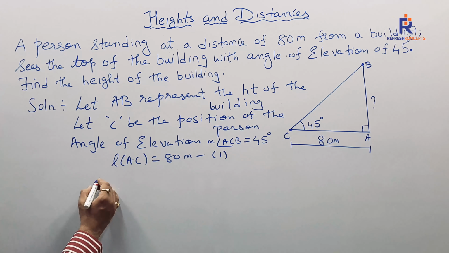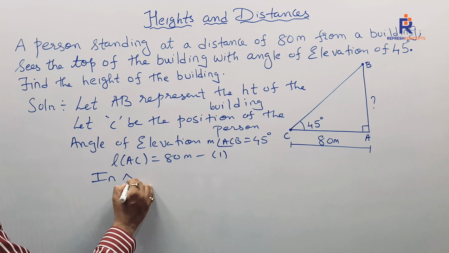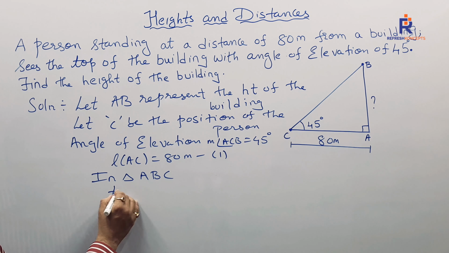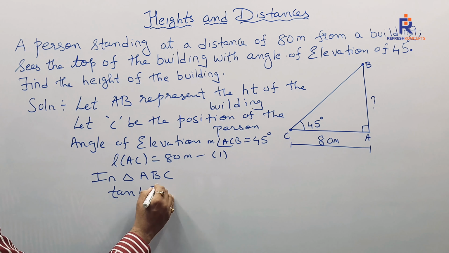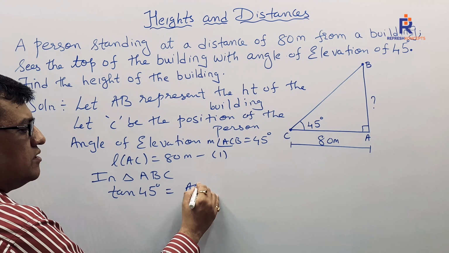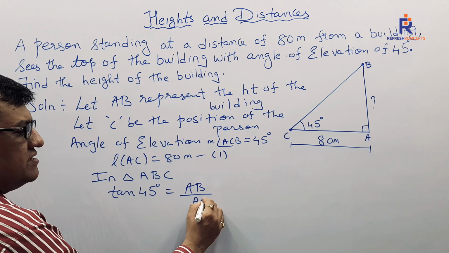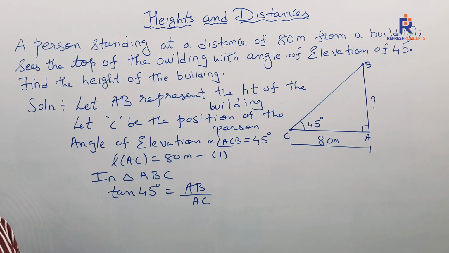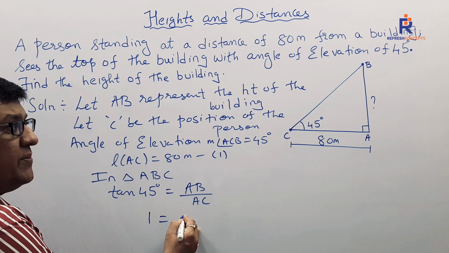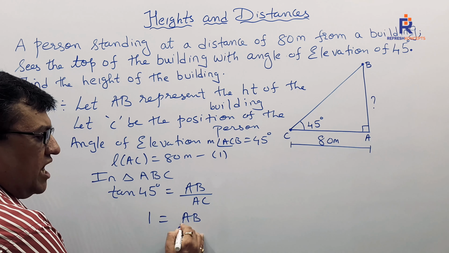So in triangle ABC, I can simply say tan 45 is equal to AB by AC. We are all aware tan 45 is nothing but 1. How much is AB? That's what we need to find out. How much is AC?